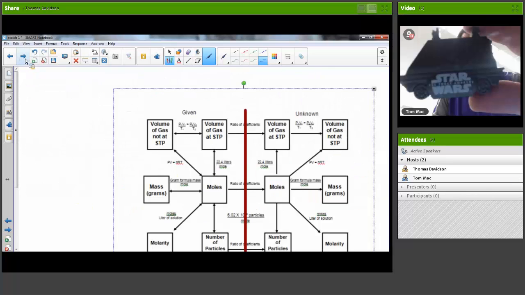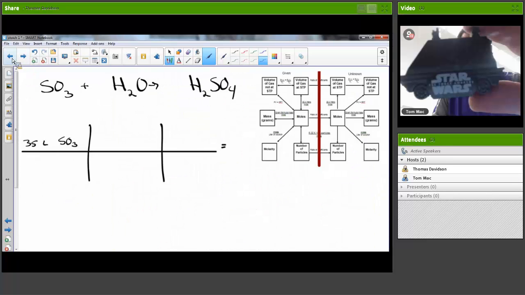Let's do this one. Turn to your homework. This is problem number 46. Let's skip one. 47. Which means I expect you to do 46 on your own. But look at number 47. The only hard part is sometimes the chemical equation.